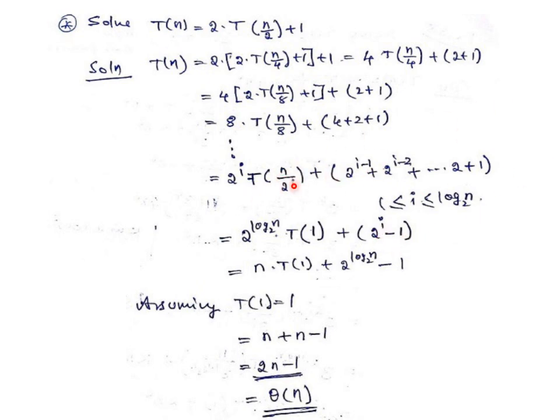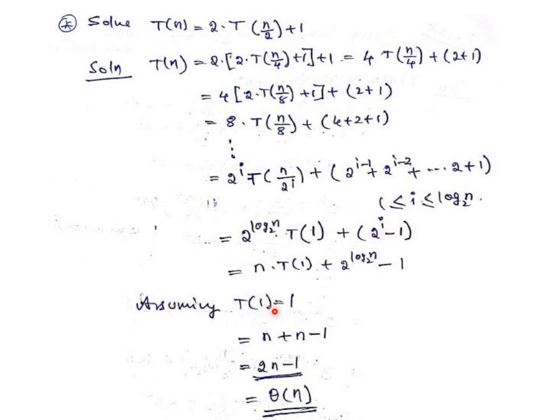Now in the left part, 2 to the power i is equal to what? n, right? So T of n divided by 2 to the power i is T of n divided by n, that is equal to T of 1. So n into T of 1, and 2 to the power i we need not replace; we can keep it here, or 2 to the power log n base 2 minus 1. So 2 to the power log n base 2 equals 2 to the power i equals n.